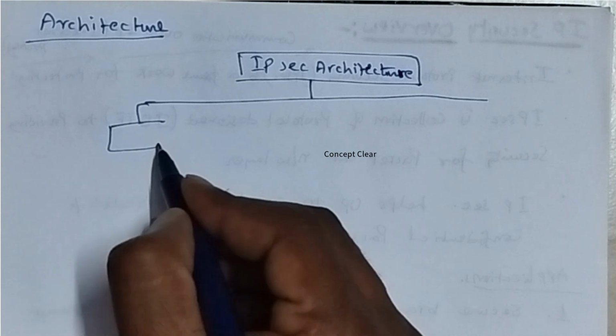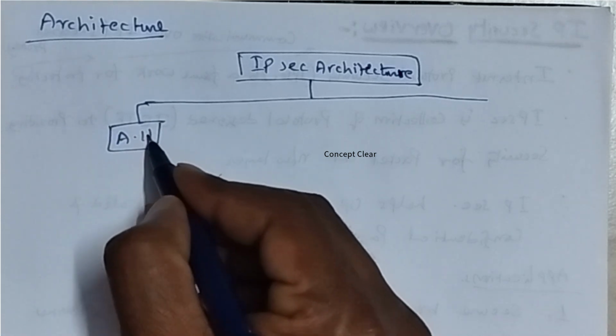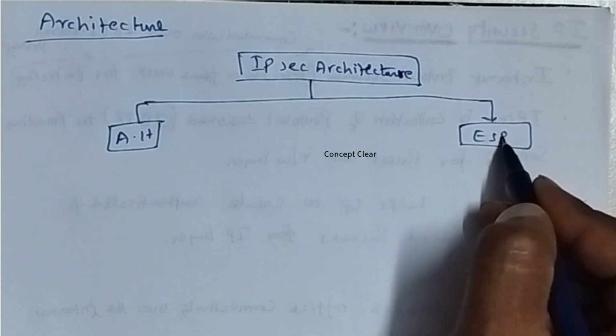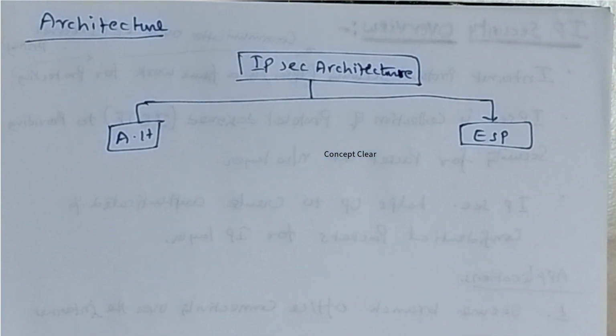The first one is AH, authentication header, and the second is ESP, encapsulation security payload.